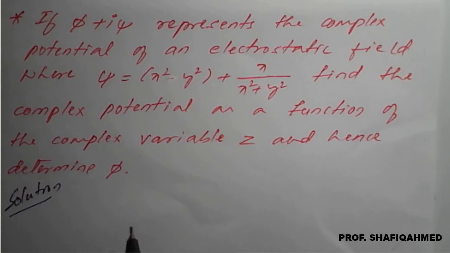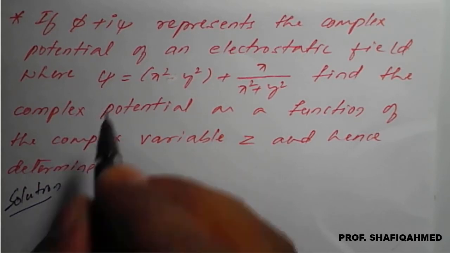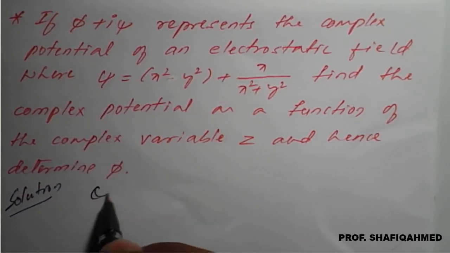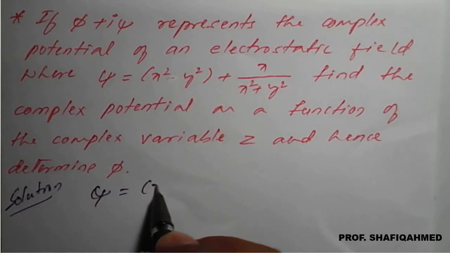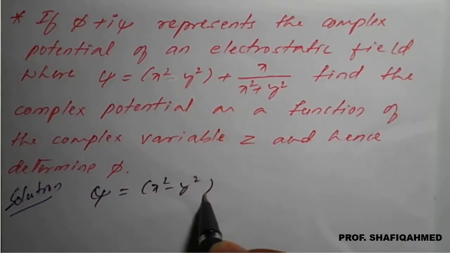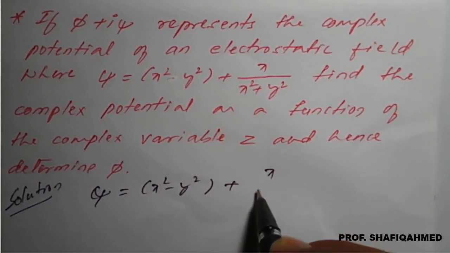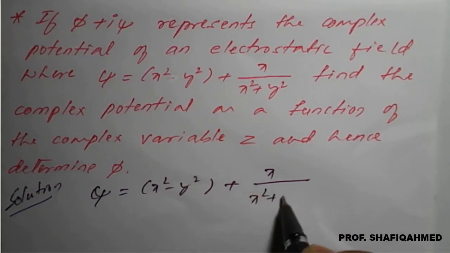In this solution, first we'll consider the given psi. The given psi value is psi equal to x square minus y square plus x divided by x square plus y square.